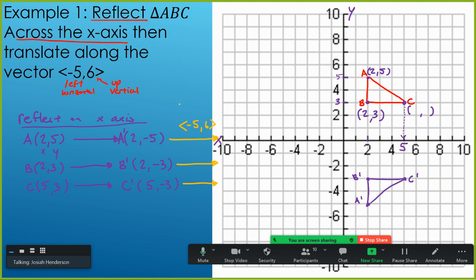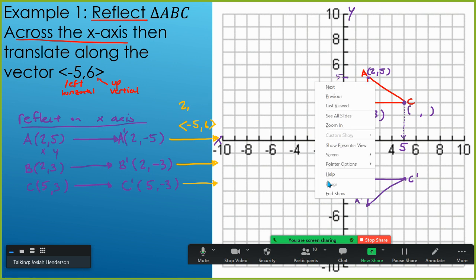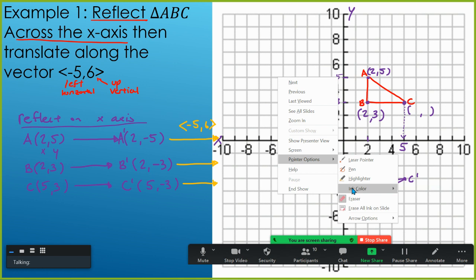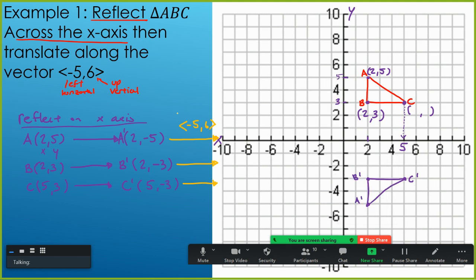So that's like saying 2 minus 5, and then -5, because that's already the y number, plus 6 from the vector. So 2 minus 5 is -3, and -5 plus 6 is +1.